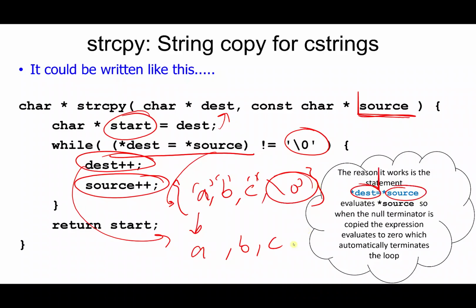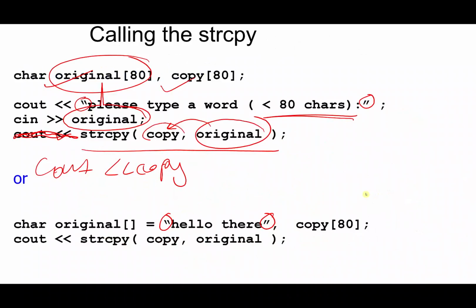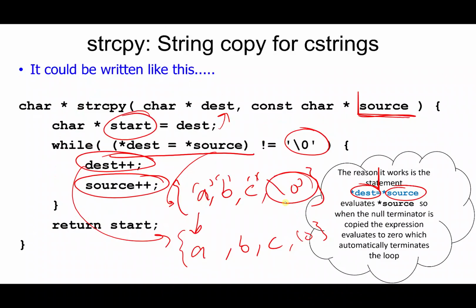So that is going to copy A, B, C, and the null terminator, right? The reason that works is that those two are copies of original and copy. So dest and source are copies. This is why it works.